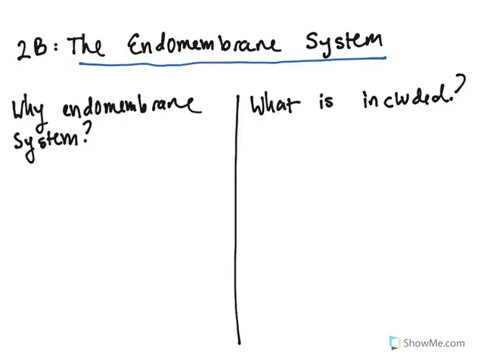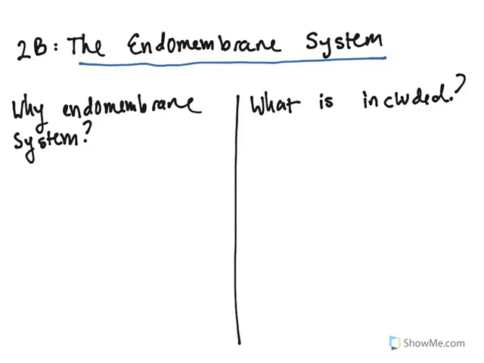I want to start by explaining why it is called the endomembrane system and what makes it considered a system. Now, endo means internal. In this case, the endomembrane system is a bunch of organelles that work together to meet one common goal.